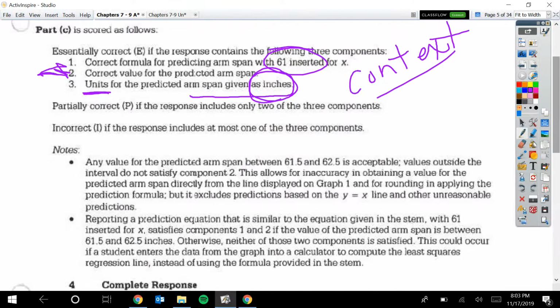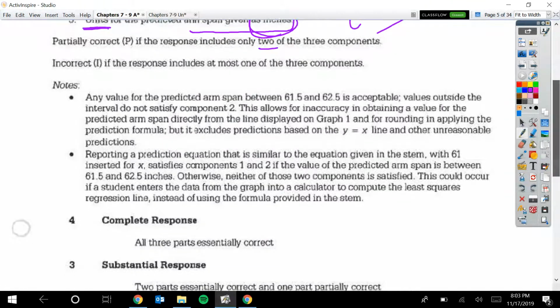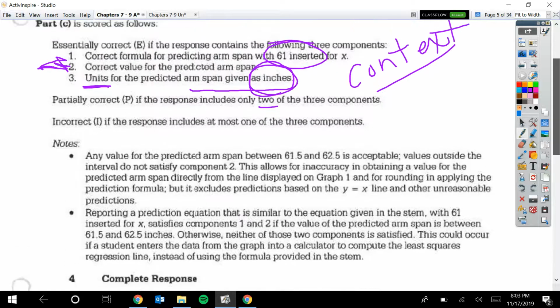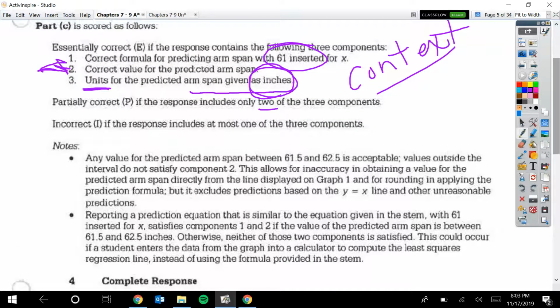If you didn't put inches on there, you went down to a P just because you didn't write the context, okay? So we're playing this game of proving that you know what you're doing. If all you wrote down was the answer, which was a 62 point something, then you just had one item and you got 0 credit for that.